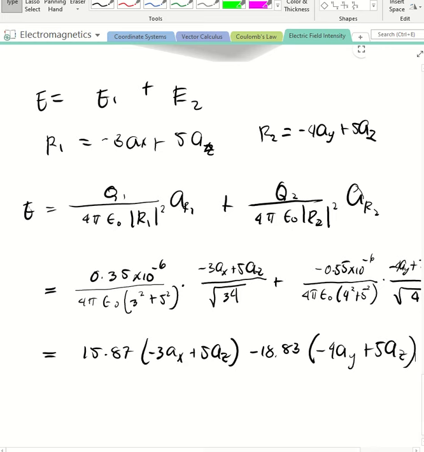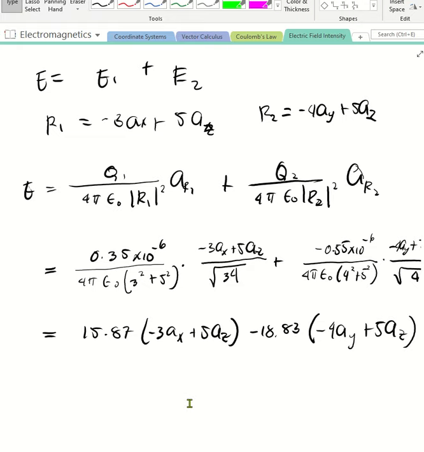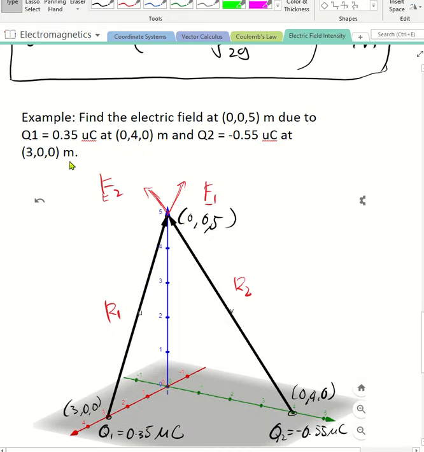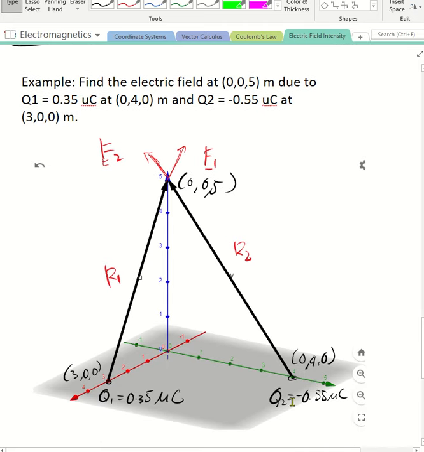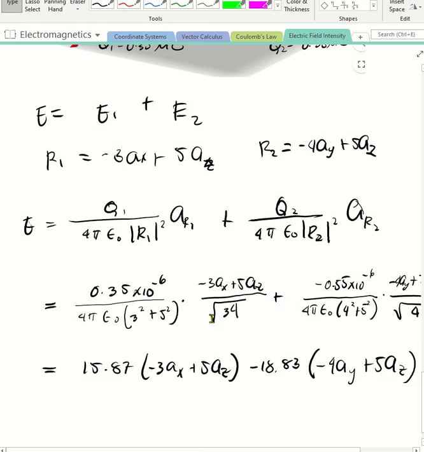So 15.87 times 3. That will be... I made an error here. Q1 should be located at 040, but in our drawing, Q1 was at 300, and Q2 should be located at 300. So they're interchanged, but we already did the solution here.